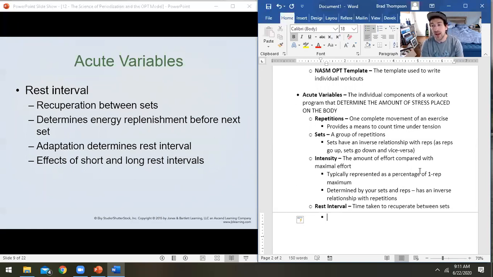Let's say your 1 rep max is 100 pounds and you go to lift 75 pounds. So that's 75% of your 1 rep max. That should correspond in general with about 12 repetitions, somewhere around there, or maybe just a little bit higher.